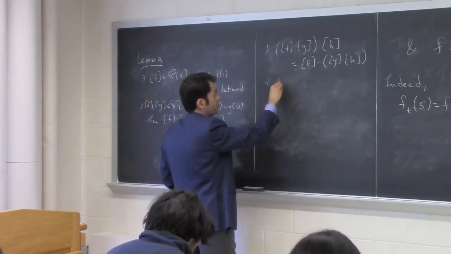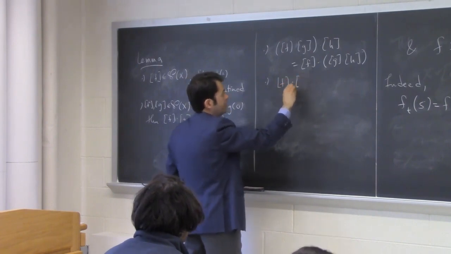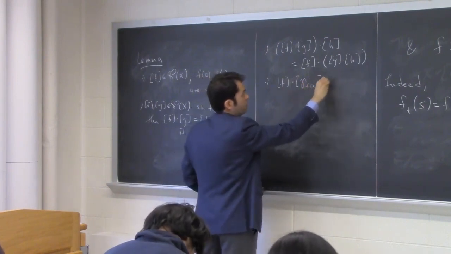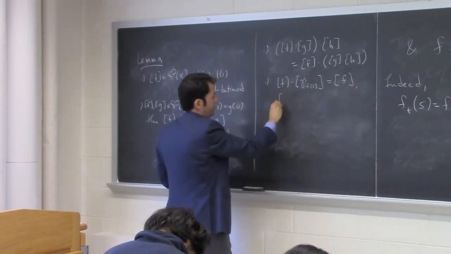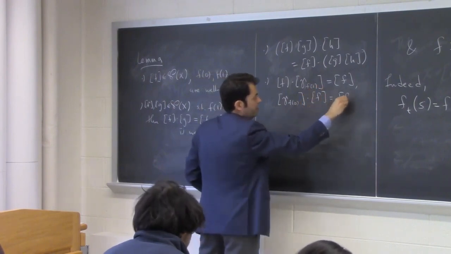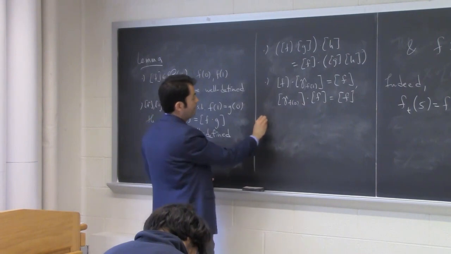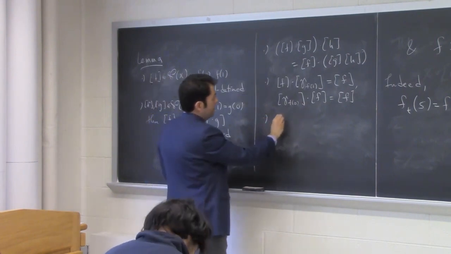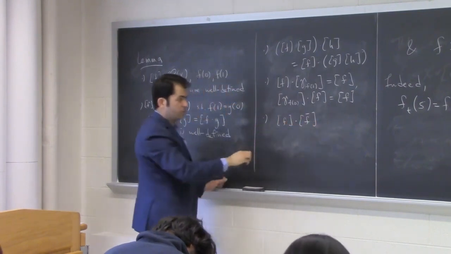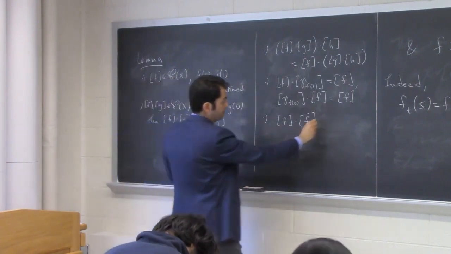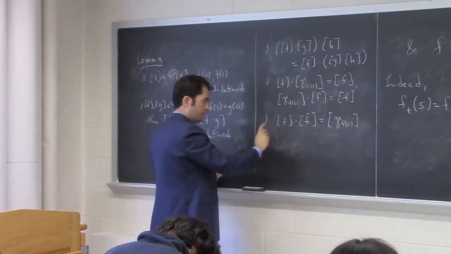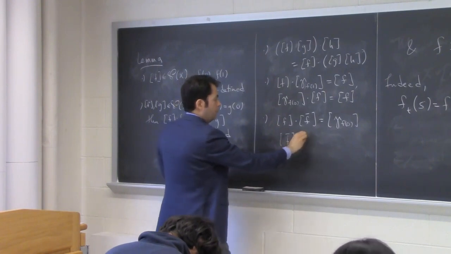If you take F and concatenate it with the constant path at the right endpoint, you get F. If you take the constant path at the left endpoint and concatenate, you still get F. And if you concatenate with the inverse path, you get the constant path at one endpoint or the other.